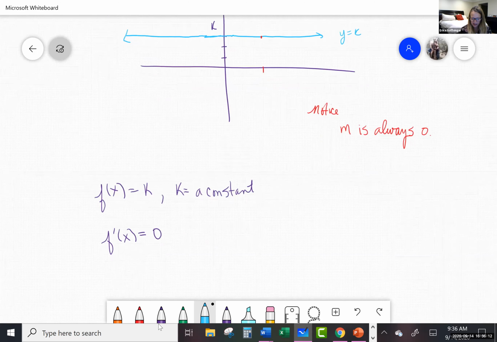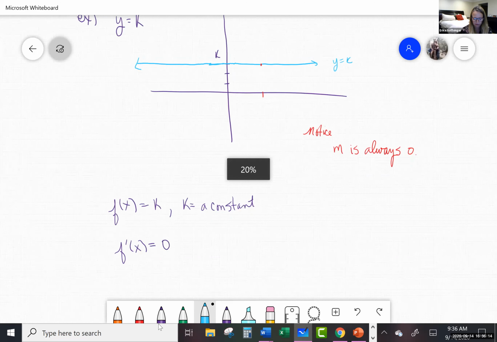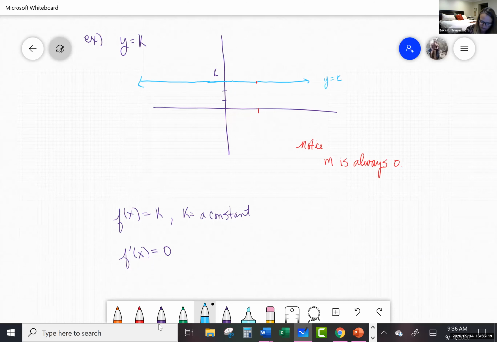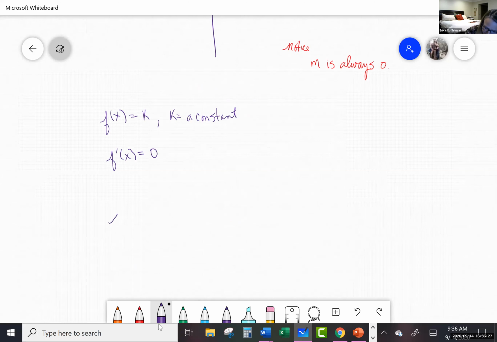And we could show that if we looked at the difference quotient, look at the limit as h approaches 0. So if I'm looking at the limit as h approaches 0, well, f of x plus h, I'm plugging in x plus h wherever I see an x in this function. I don't see an x in that function. So that's equal to k.